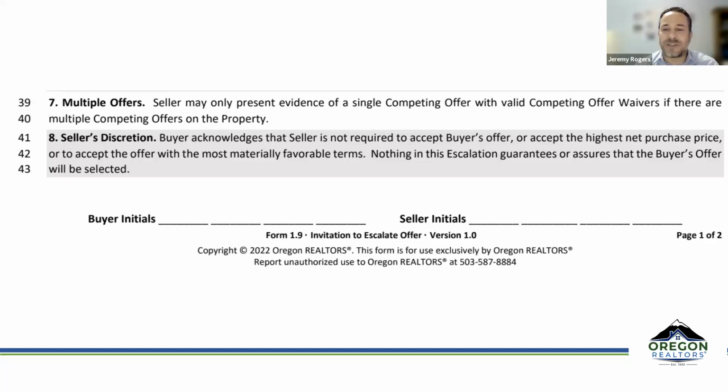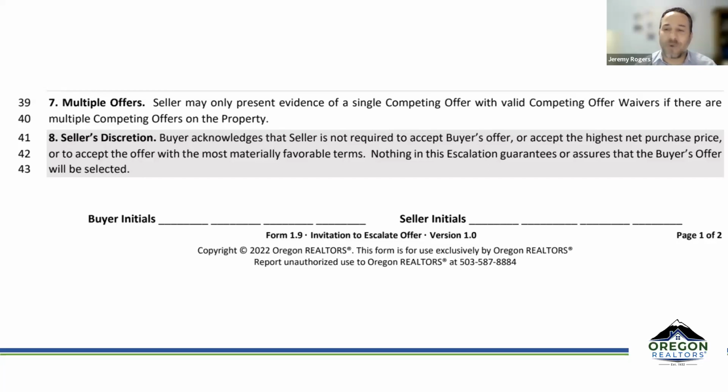So the next section we talk about here is seller's discretion. We want to make it clear, because buyers don't always understand this, that the seller's not required to accept the buyer's offer. Some buyer might say, hey, I included an escalation in my offer and nobody else did, so my offer is the best. That means it has to be accepted by the seller. That's not true. The seller can accept a different offer if they want. Maybe the seller just doesn't want to engage in this whole escalation business.